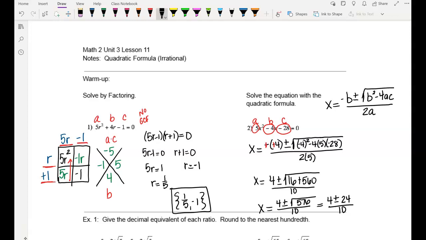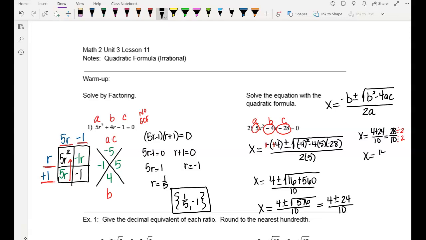And this is where we have to separate them out, the plus 24 and the minus 24, to get our solutions. So x equals 4 plus 24 divided by 10, 28 divided by 10. They're both divisible by 2.